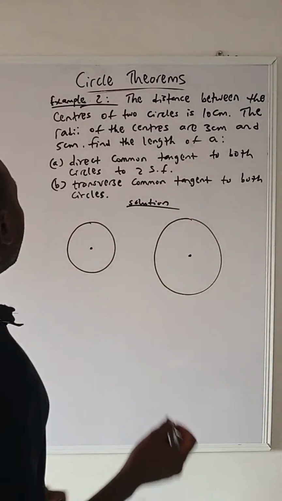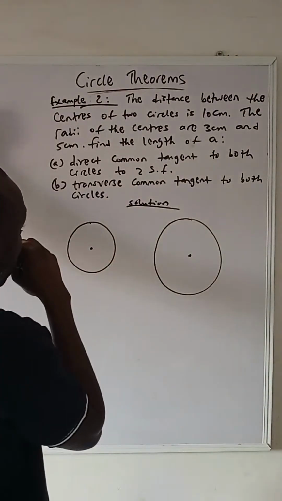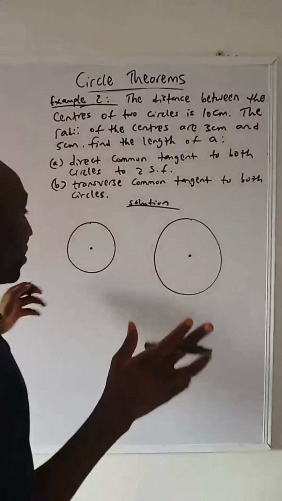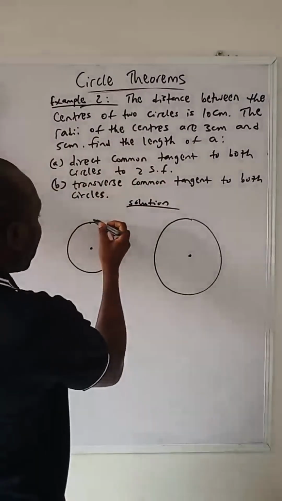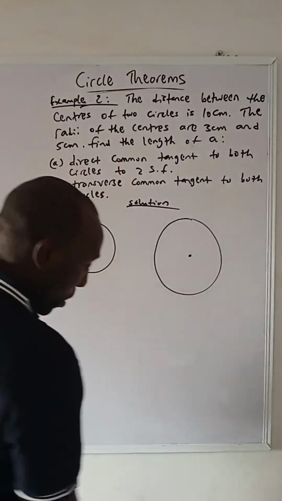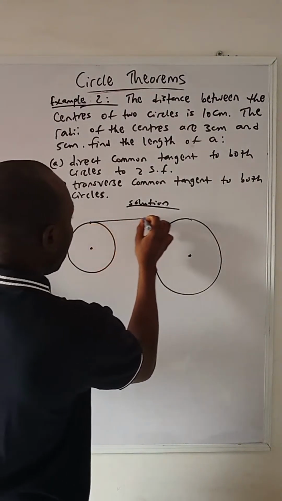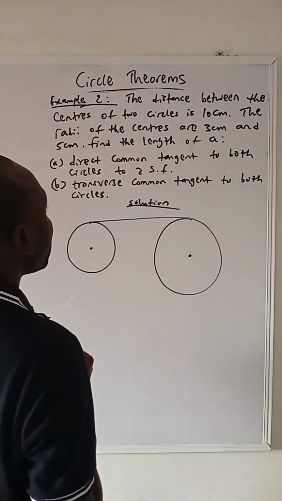Now look at this direct common and transverse common tangent. We're dealing with two things here. Let's start with the direct common tangent. That's the first one. So for direct, I will have something drawn from here to here. This is direct, okay? Good. I'm getting better with these drawings.